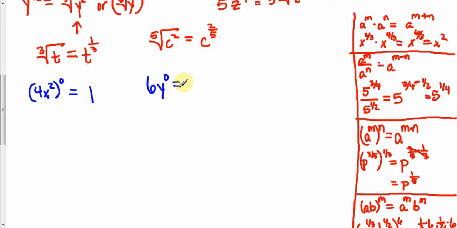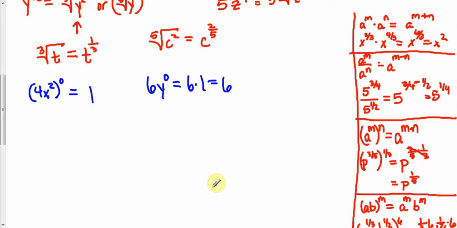What part of it's raised to the 0? Just the y. So this is 6 times 1, which is 6. So the answer to that problem is 6. And I reviewed the negative exponent rule for you earlier, where you just make it positive by moving it to the opposite place in the fraction.